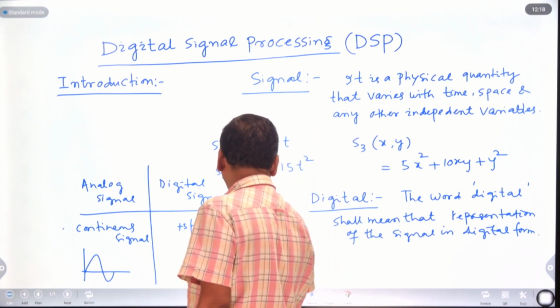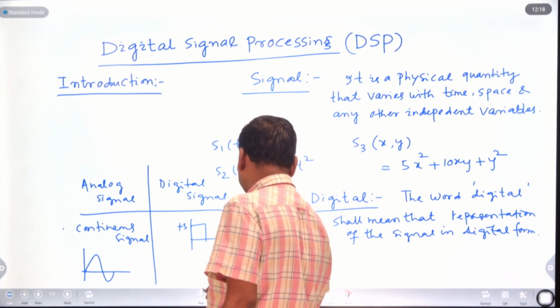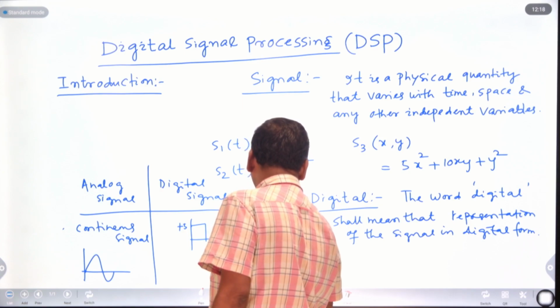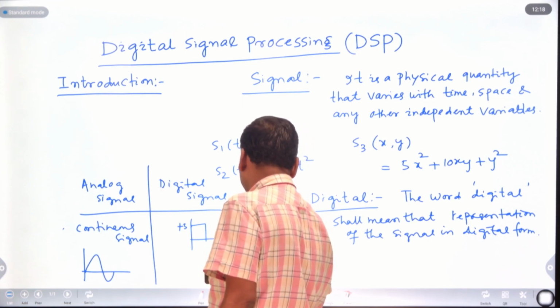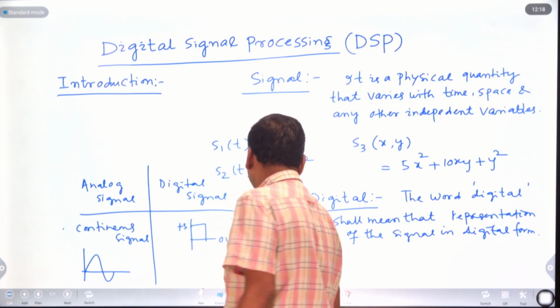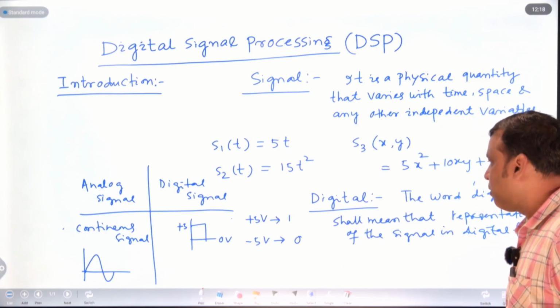Here plus 5 volt can be represented by binary 1, and minus 5 volt or 0 volt can be represented by binary 0. As far as 1 and 0 are concerned, this is nothing but what a computer can understand: only binary language or machine language.